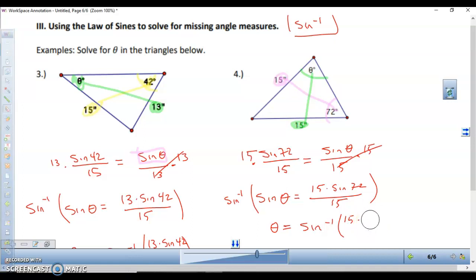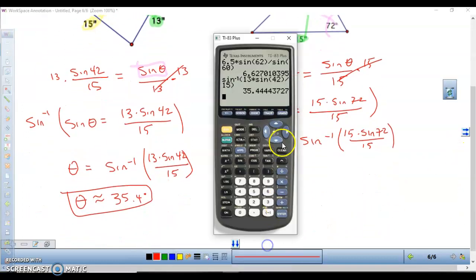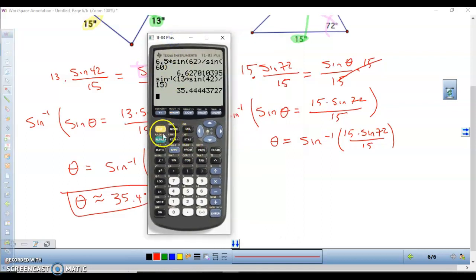Oops, forgot my sine, sorry. 15 times the sine of 72 divided by 15. And let's just punch that in and see what we get. So I got second sine, 15 times the sine of 72, closing that parenthesis, divided by 15, and I get 72 degrees.